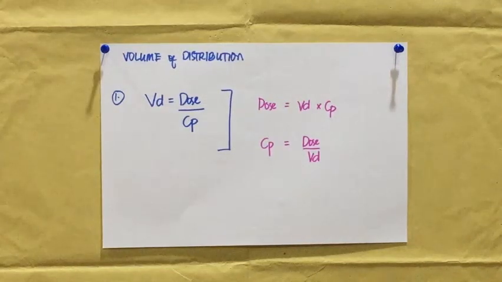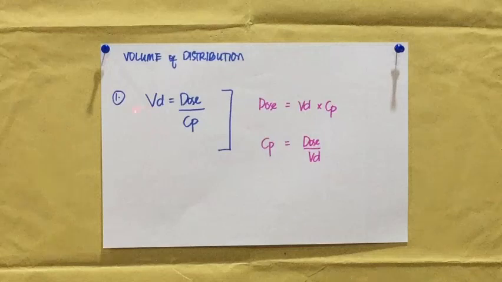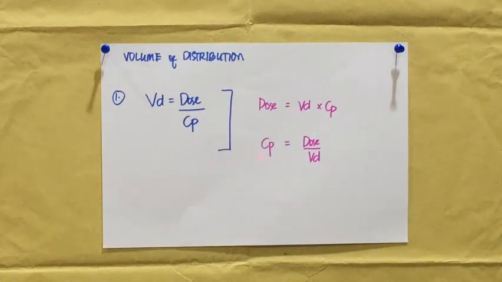Now, let us try to recall the formulas we use for volume of distribution. Now, this is the only formula, no? Vd is equivalent to dose divided by the plasma concentration. But from this formula, we can derive the formula for dose and Cp.